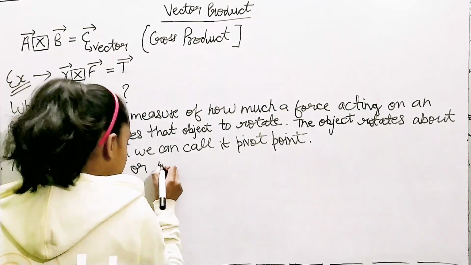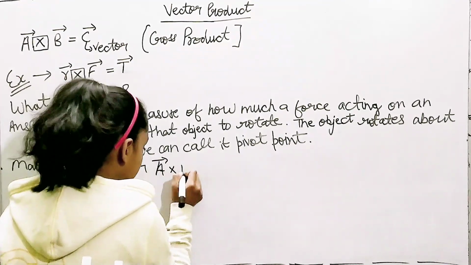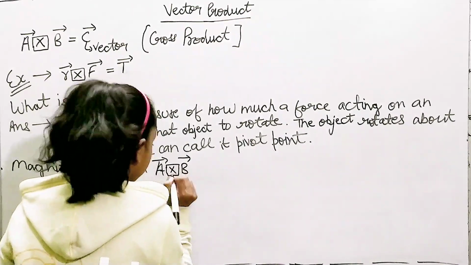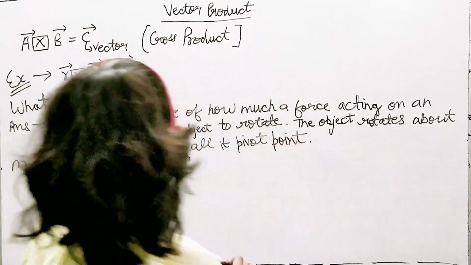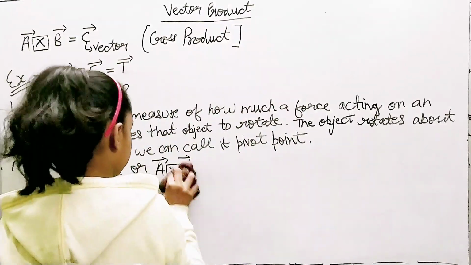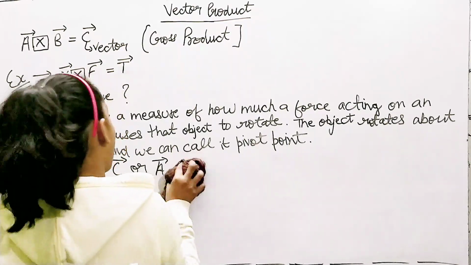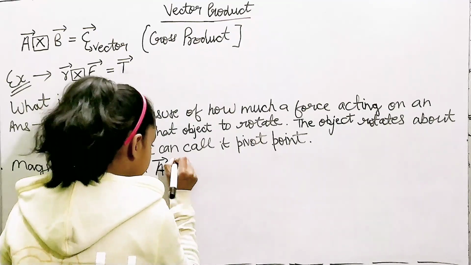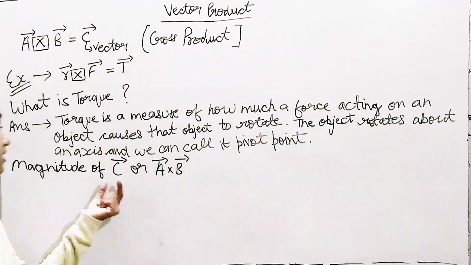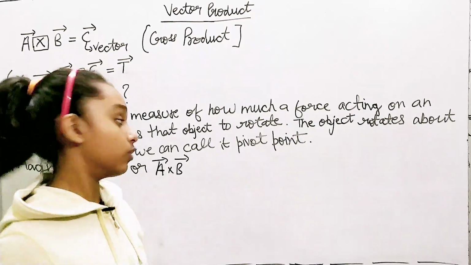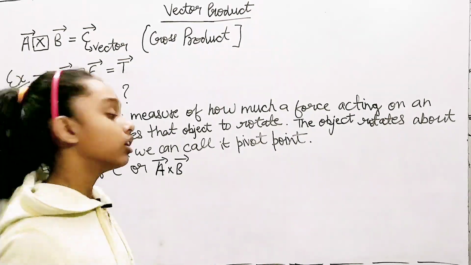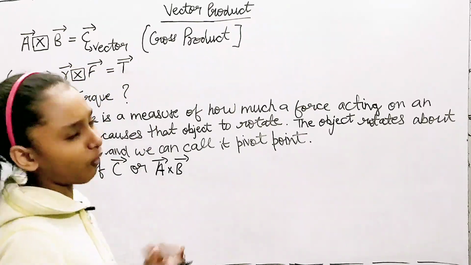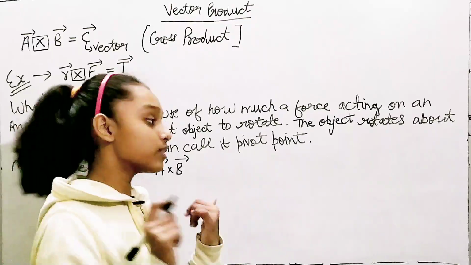And if you already know that, that's really good. Normally A cross B. So magnitude of A cross B. Yeah, so we can call it as vector C or A cross B. Not A into B. Actually, we are doing cross product, so just don't say into.